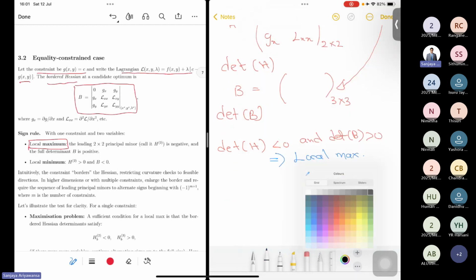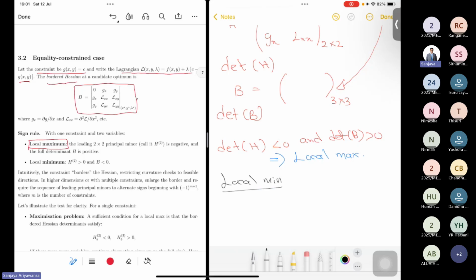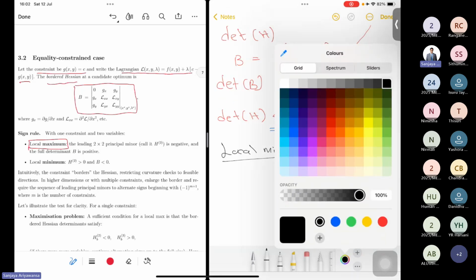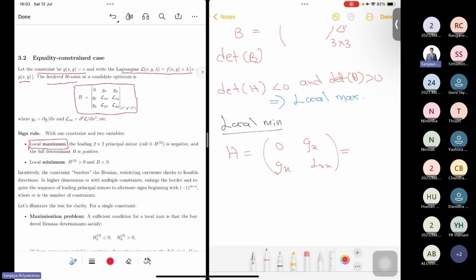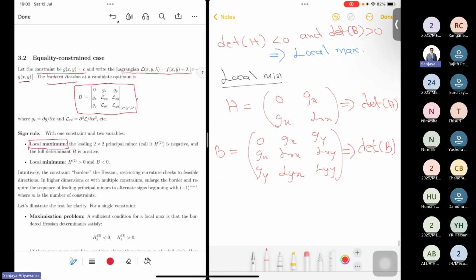And in the case of a local minimum, similarly, we take the Hessian matrix 0, gx, gx, L xx, and we consider the determinant of H. We take the bordered Hessian matrix 0, gx, gy, gx, gy, lxx, lxy, lyx, lyy, and we compute the determinant of B. In the local minimum case, what needs to happen is the determinant of H is positive and the determinant of B is negative.